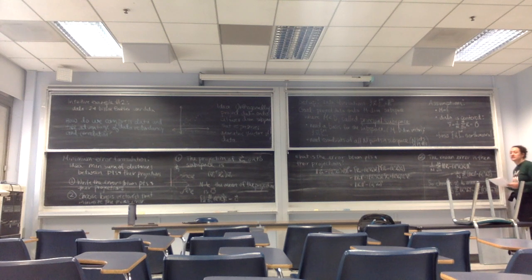But I want to write it this way because it's more useful for us later. And what's sitting right here is the sample variance of our projections. Why is this the sample variance? Well, remember, variance is the random variable minus its mean in quantity squared, and then the expectation of that. So this average is an expectation of the inner product minus the average inner product, quantity squared. So that's the sample variance.